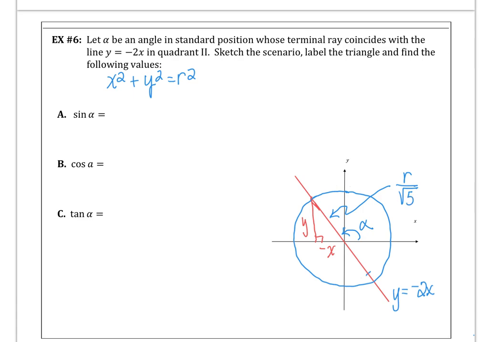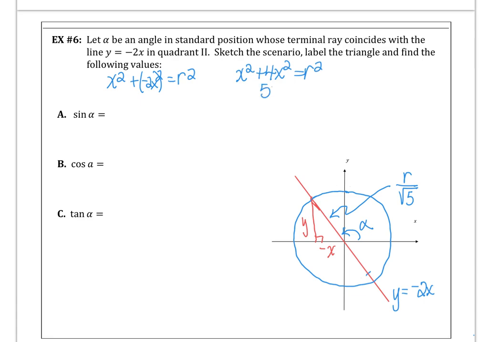And here's how we can think about that. Since they gave us y is negative 2x, and we know the equation for a circle is x squared plus y squared is r squared, if you substitute negative 2x in for the y value, we got x squared plus 4x squared is r squared.